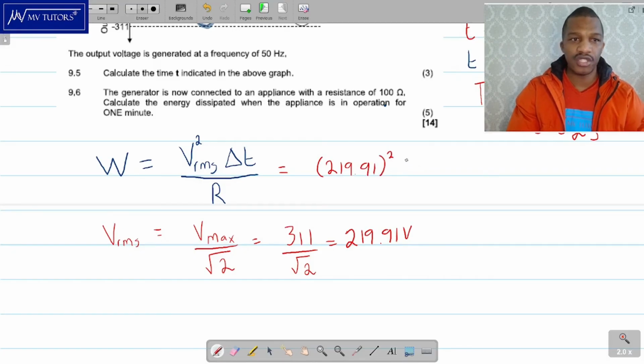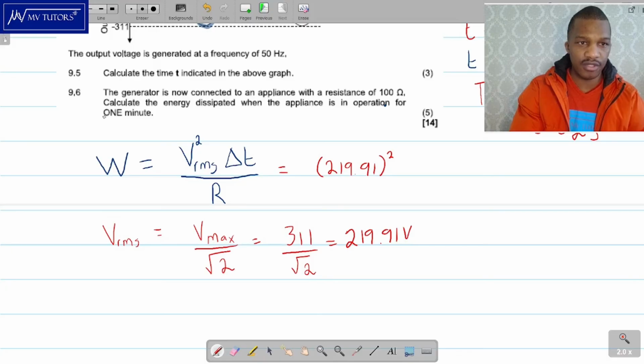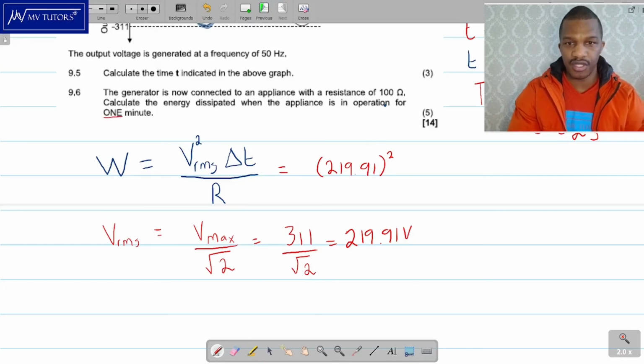The change in time is, as you saw, 1 minute, which is 60 seconds. So we're gonna put 60 because we're dealing in seconds here. Okay, and then R, we've been given the resistance as 100 ohms, so we'll put the 100 here.